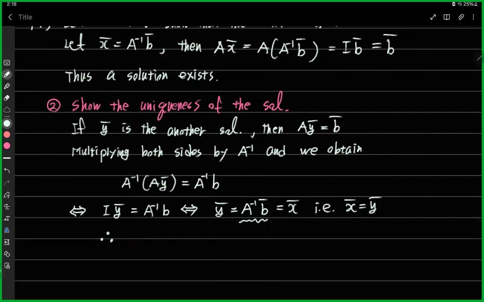We started from another solution Y bar, and we derived that X bar equals Y bar. So there is only one solution. Thus, the system has a unique solution.